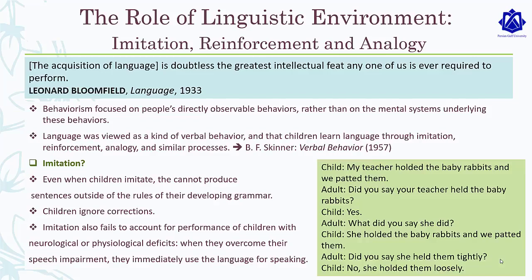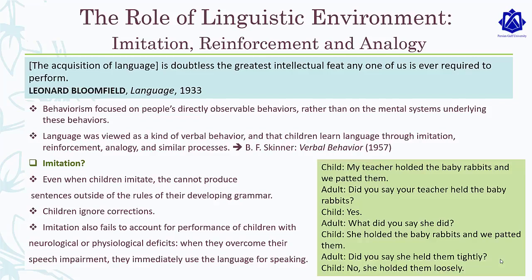These children, when they overcome their speech impairment, when they do not have physiological deficits anymore, they immediately use language for speaking, saying that it's not because they have not been able to imitate language, they do not produce the language then after they do not have these deficits anymore. They learn the language, they have it, and the moment this deficit is gone, they are able to use the language. And it is opposite to what Skinner says, that language is a verbal behavior.